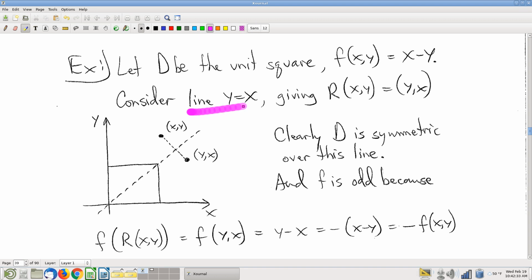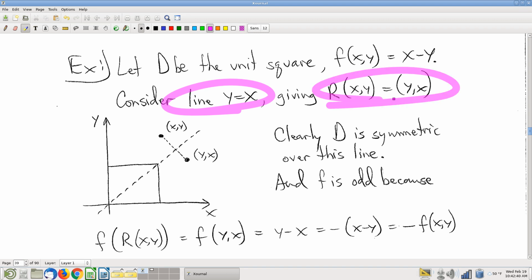You've got to tell me, what is your line of symmetry? What is the corresponding formula for reflection? You have to claim, and be correct, that the domain is symmetric. You don't have to give me any proof on that.